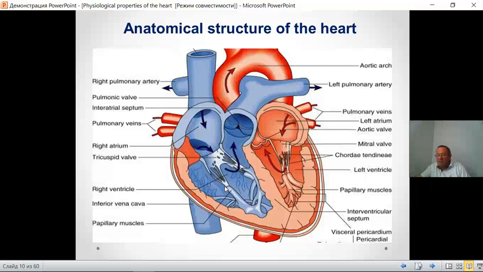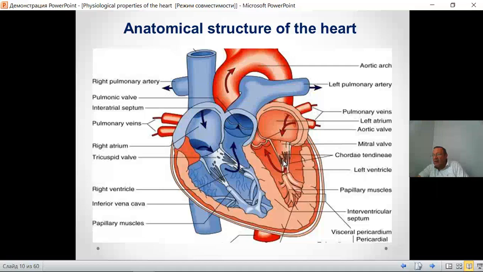Left ventricle. On the figure you can see red colors. Recall that both sides of the heart will pump the same amount of blood. The muscular layer is much thicker in the left ventricle compared to the right. Like the right ventricle, the left also has trabeculae carneae, but there is no moderator band.